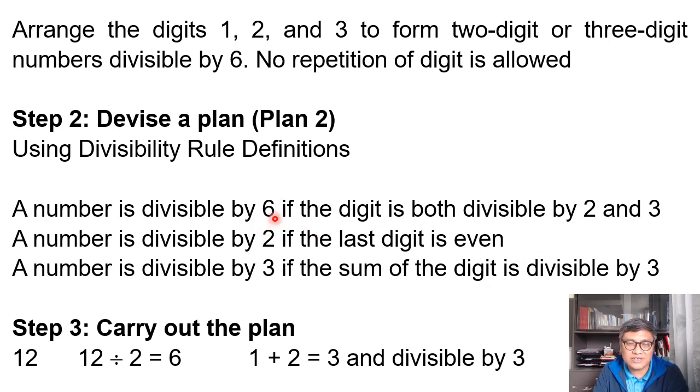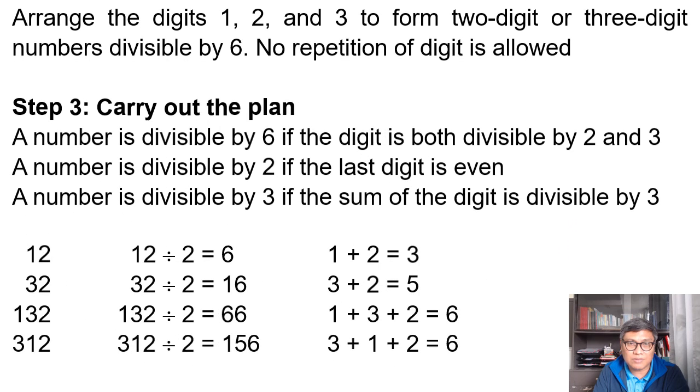So a number is divisible by 6 if it's divisible by 2 and divisible by 3. So 12 is divisible by 2, 12 is also divisible by 3, therefore this is divisible by 6. So we continue exhausting all the possibilities.